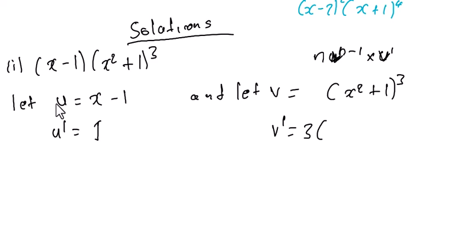So the power comes down, 3. Then what remains is x squared plus 1, to the power minus 1, so this is to the power 2, multiplied by, when we differentiate what is inside, 2x.